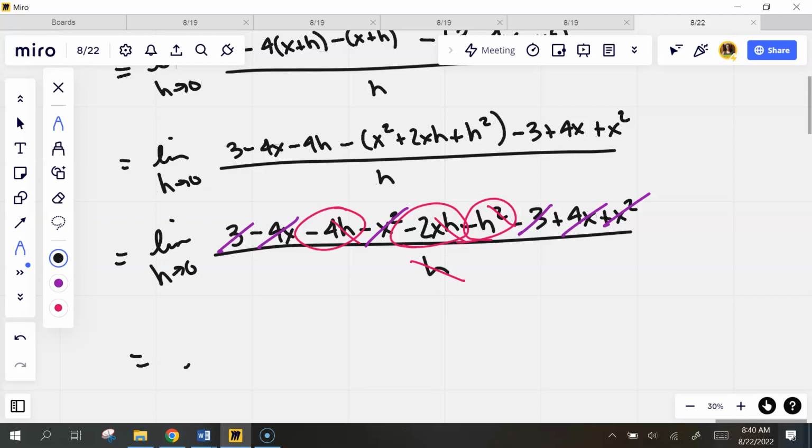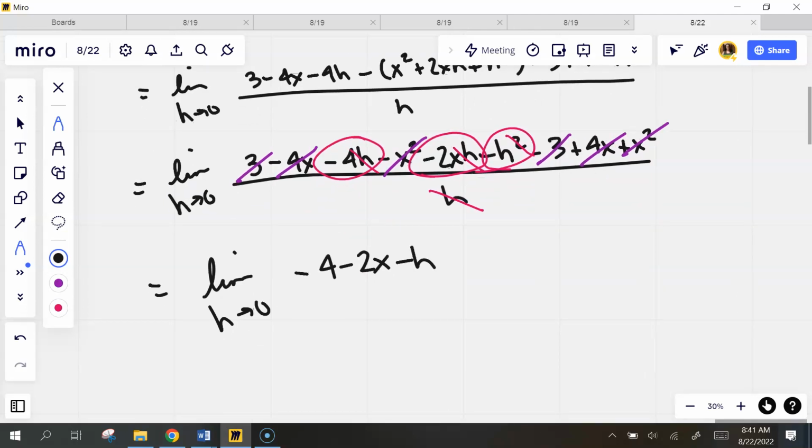So now I am at the limit as h goes to 0 of negative 4 minus 2x minus h. Remember, the goal was to get to where I could plug in 0 for h, and now I can. And so the slope here is negative 4 minus 2x.